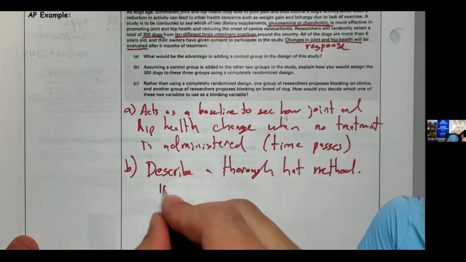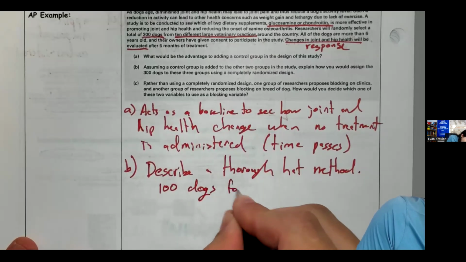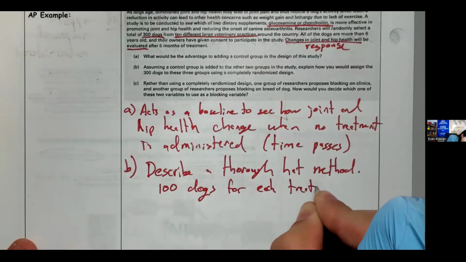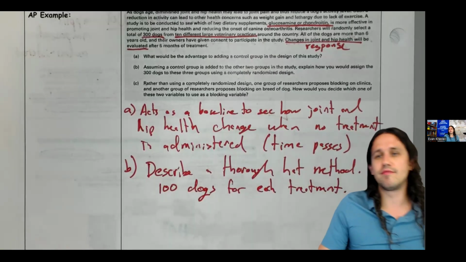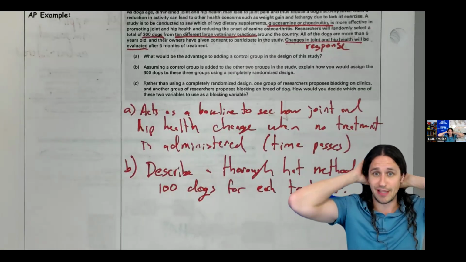What's the idea? 100 dogs for each treatment. Make sure you can do a hat method. If you feel good about the hat method, we don't have to beat that to death.